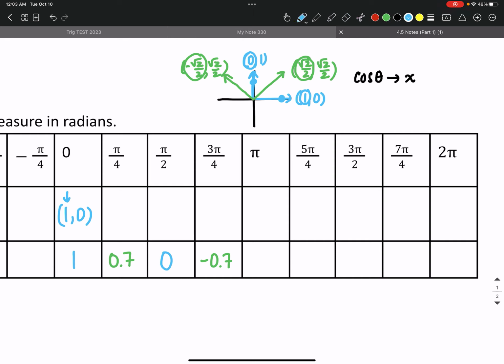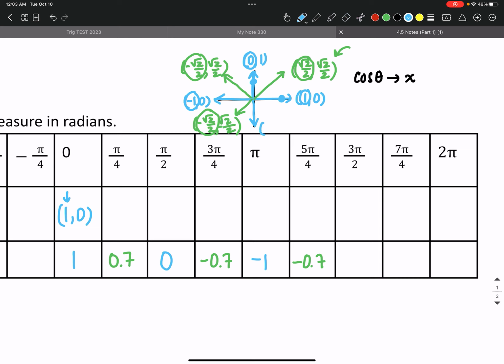And then if I'm looking to do cosine of pi, I'm looking on the unit circle at the point (negative 1, 0), and the x value there is negative 1. Then if I do 5 pi over 4, it's this same point except with two negatives. So negative square root of 2 over 2 is the x value, and negative square root of 2 over 2 is the y value. I'm just concerned about the x value, so I have negative 0.7 again. And then 3 pi over 2 is here.